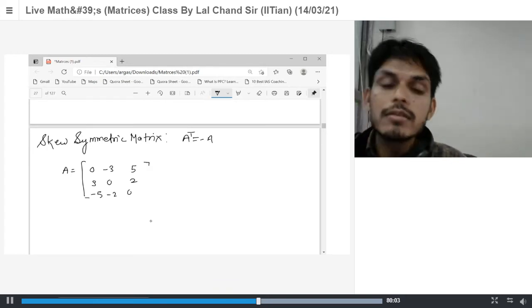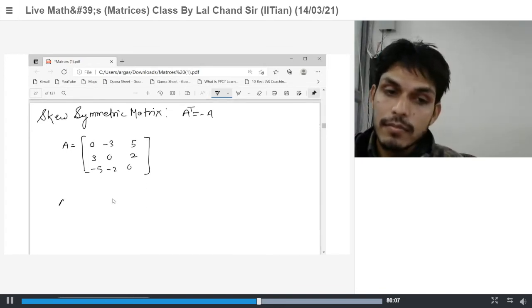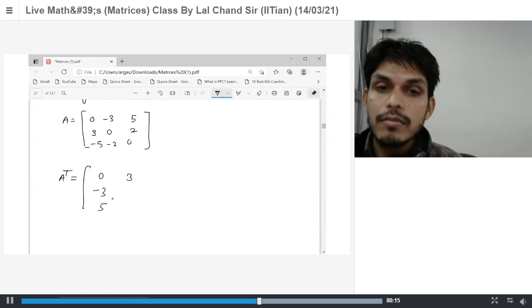So this is A. If I take the transpose of this matrix, I have 0, minus 3, 5, 3, 0, 2.